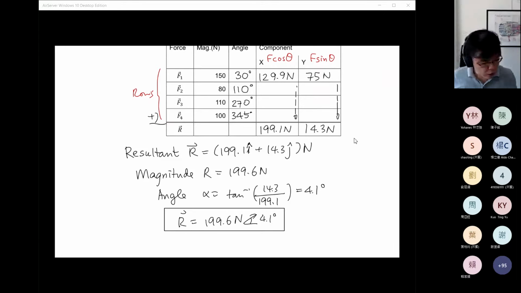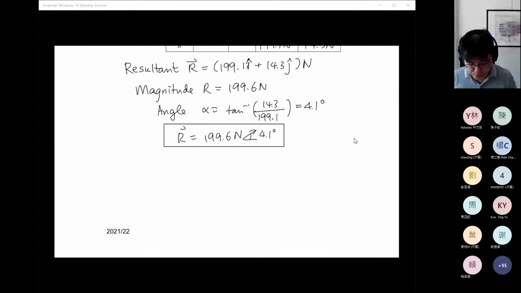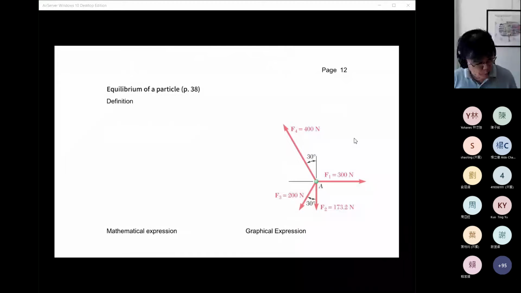Okay, we come to the next topic, since we know how to add many forces together. Equilibrium of a particle. Of course, in chemistry equilibrium means something else, but here it means this. Equilibrium is related to Newton's first law.